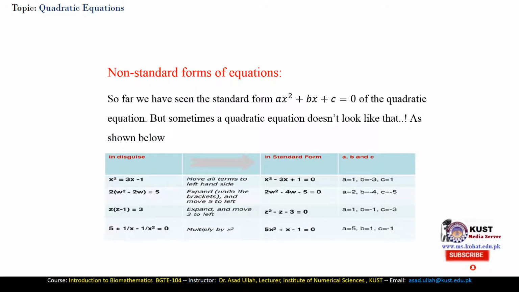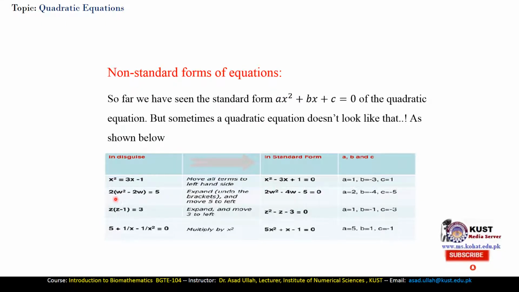In column number 1, we get x square is equal to 3x minus 1. This equation is not in the standard form. To convert this equation to the standard form, we add minus 3x plus 1 on both sides of this equation. We get x square minus 3x plus 1 is equal to 0. This equation is the standard form of the quadratic equation.